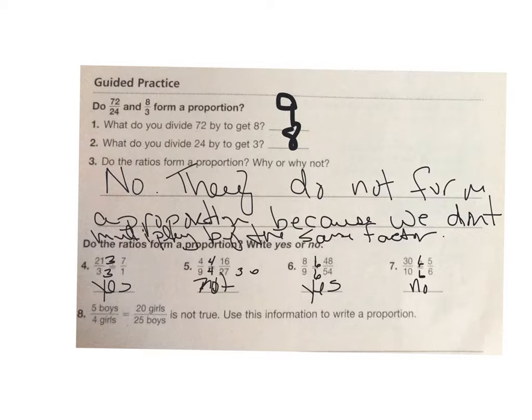Number 8 says there are 5 boys and 4 girls, and they want to know if 20 girls to 25 boys is true. Use this information to write a proportion.